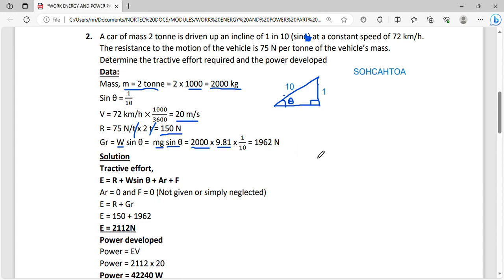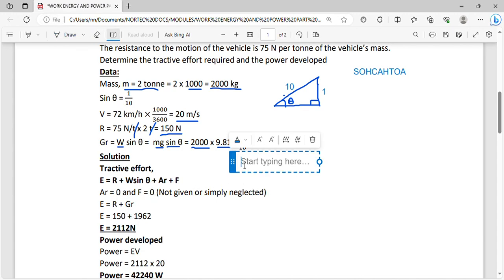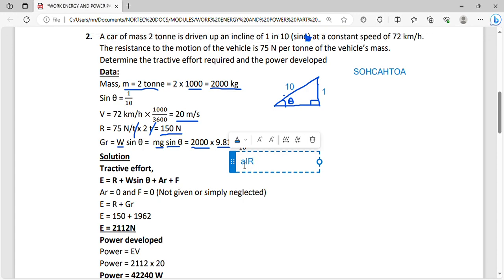At the same time, the air resistance, nothing has been mentioned. So air resistance, which we've been calling AR, we haven't been given anything, so it's 0.